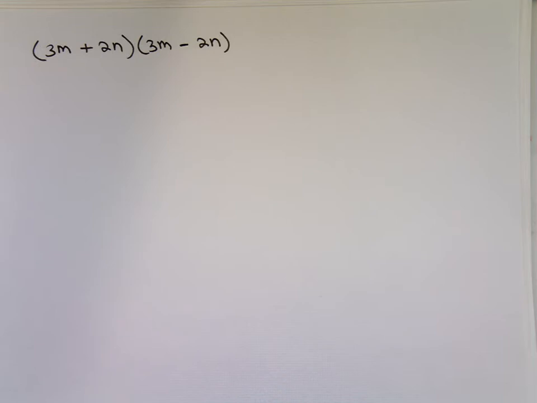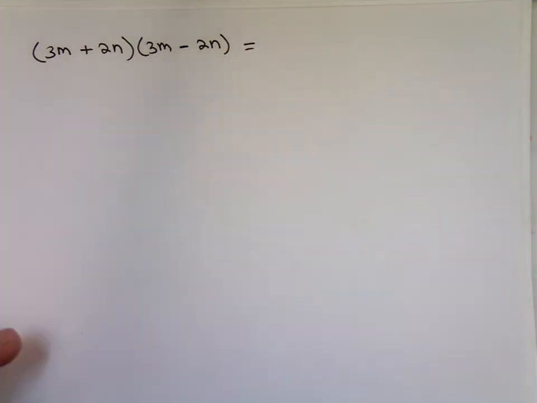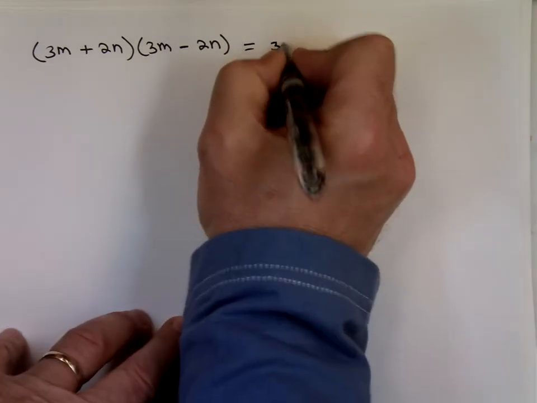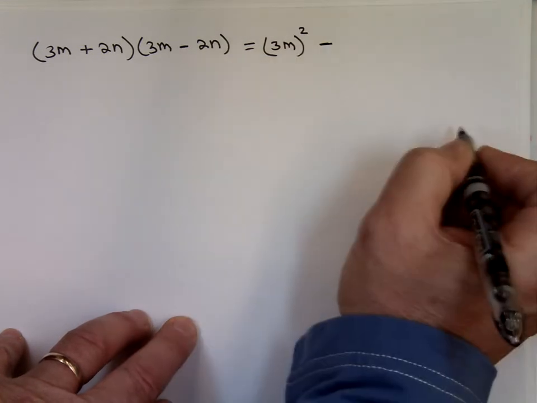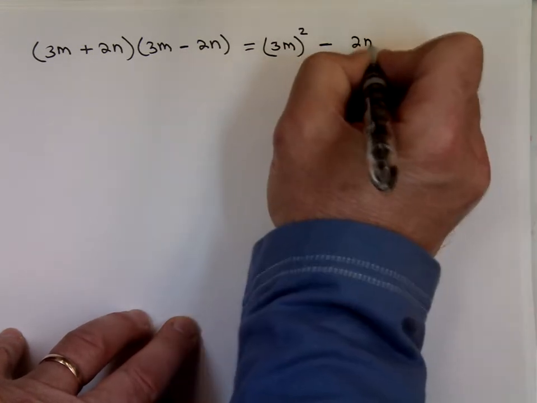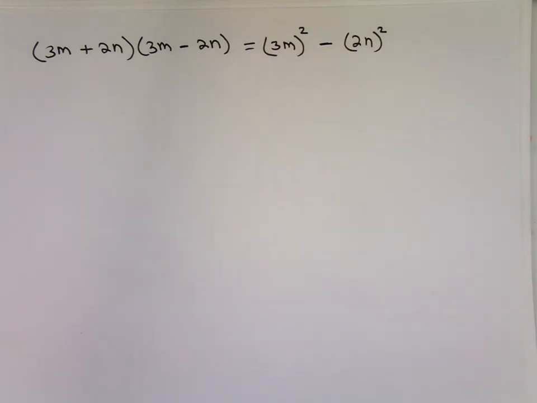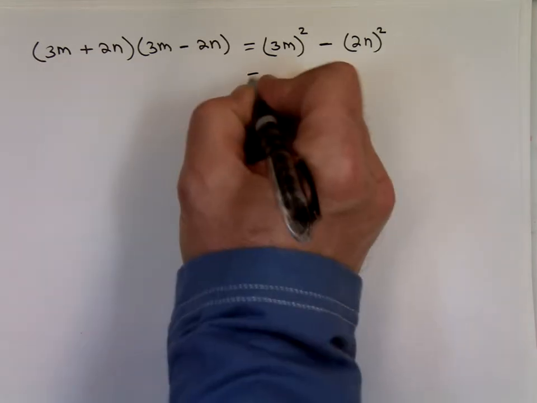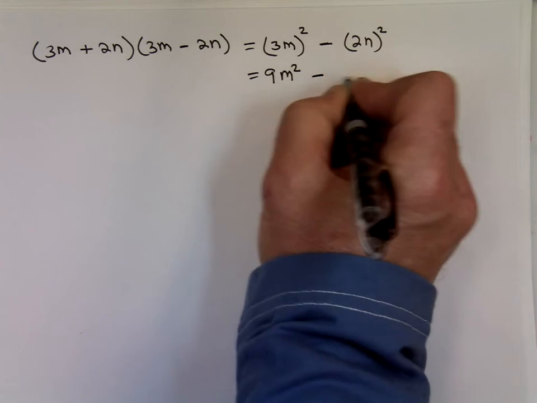Take the first one and square it. It's always a minus. Take the second one and square it. So we're going to have what? 9m squared minus what? 4n squared.